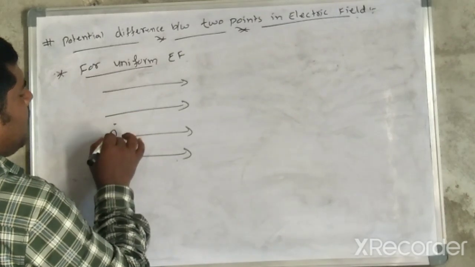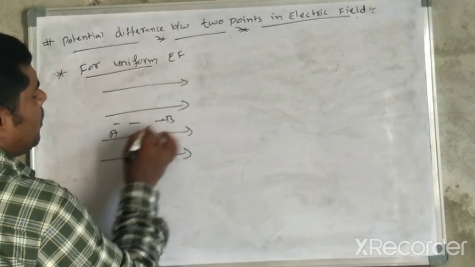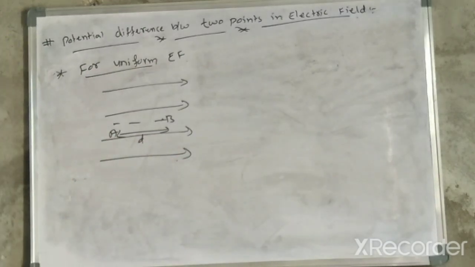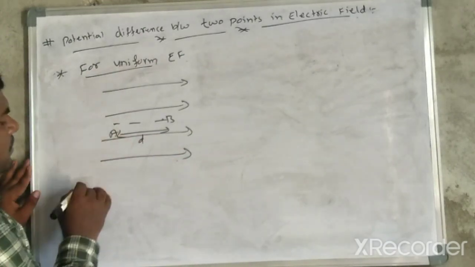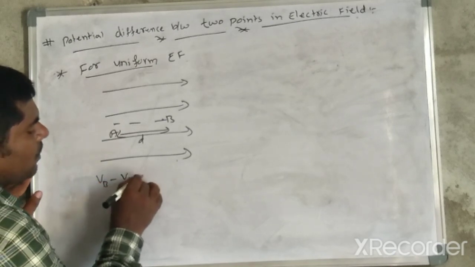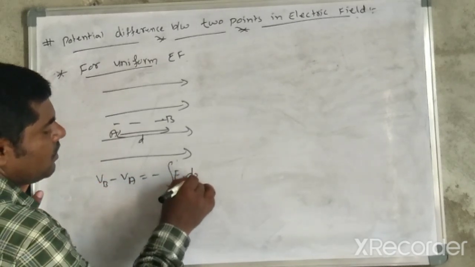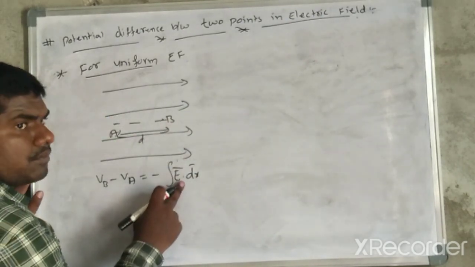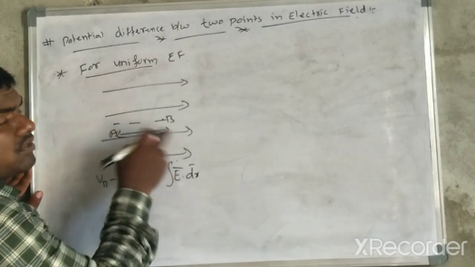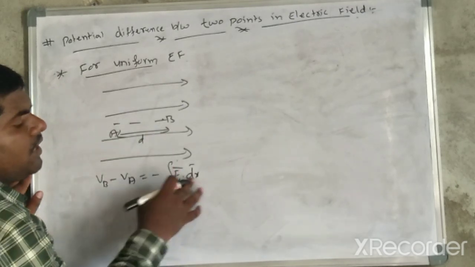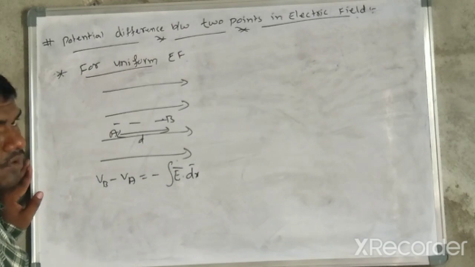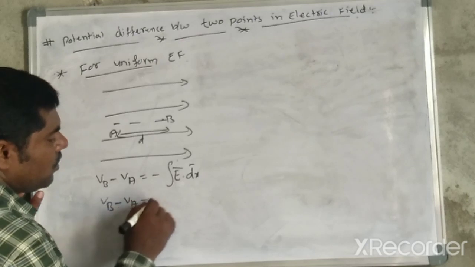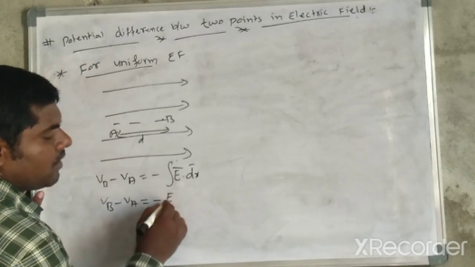Here the point A, here the point B. In between, I would like to consider the distance D. According to that statement, VB minus VA is equal to minus the integral of E dot dx. Uniform means both are in the same direction. The dot product is nothing but cos, so the angle is 0. So E dx cos 0, value 1. So VB minus VA is equal to minus E, which you may write outside.